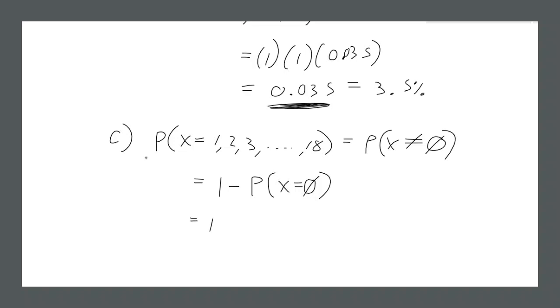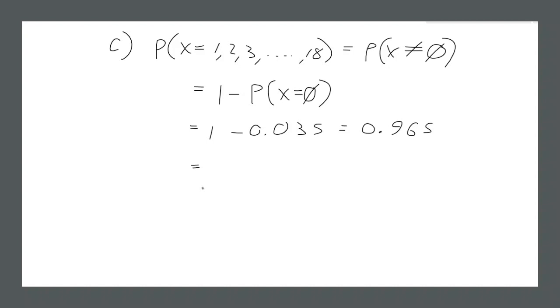So 1 minus 0.035 is going to be 0.965, or in percent form, 96.5%.